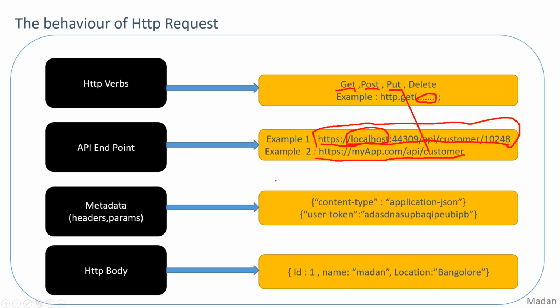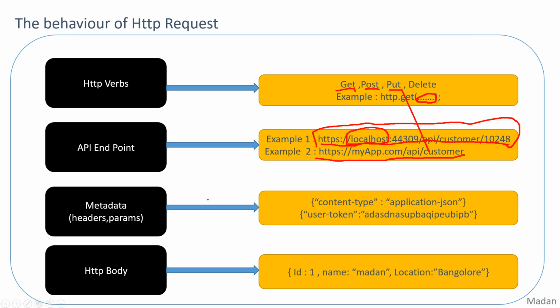And the next thing is the metadata of the HTTP request. Suppose you take a web application and you want to maintain user tokens, like when navigating from one page to another page, and you want that next page to be viewable only by particular users.